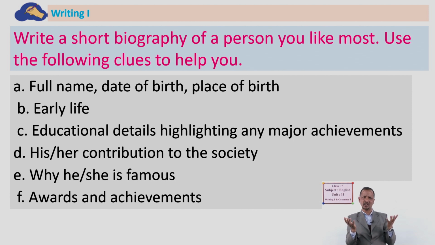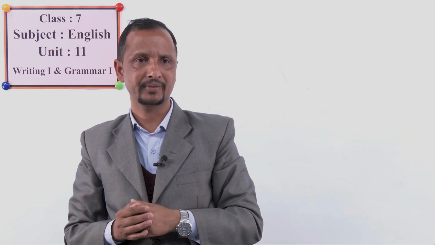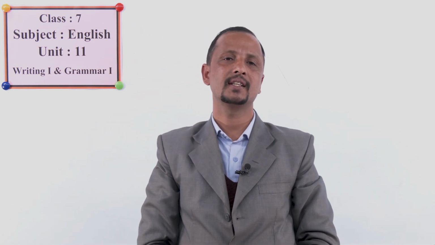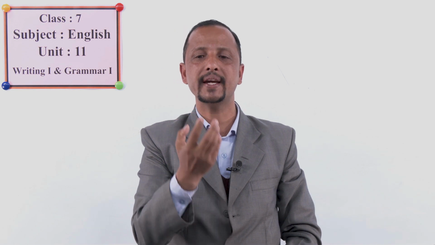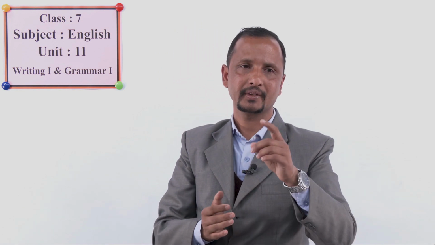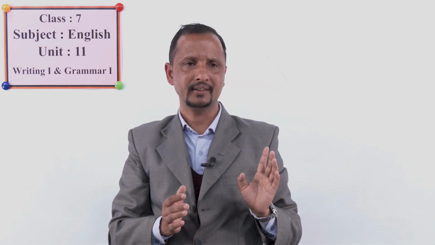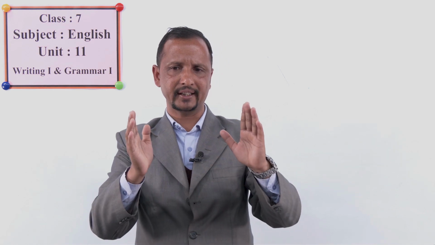You can write in your own way, but you must not miss the points that are in your book on page 110. So, dear students, this is the way of writing a biography. That's all. Are you clear?